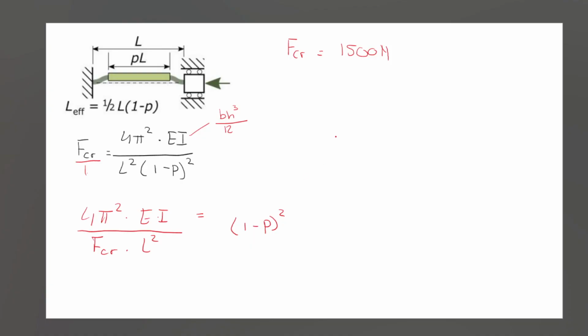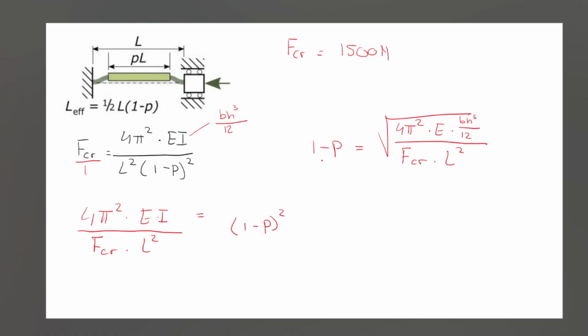Now, if we were to say what is then 1 minus P, wait, put it a bit more over here. 1 minus P must be then the square root of 4 pi squared EI, so that's BH to the third over 12, there we go, over the critical force times L squared.